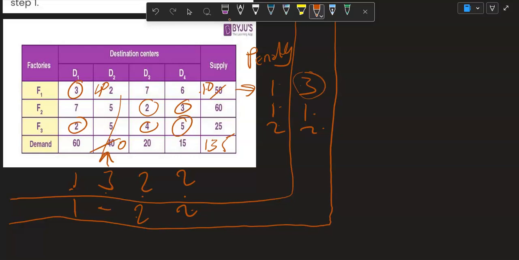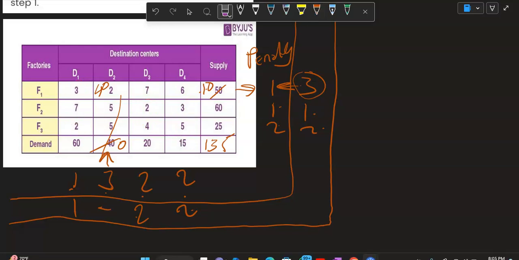So you work with this particular row. Okay, and in this row, let me just clear the smallest in this row. Since 2 is already cancelled there, the next smallest will be 3, this one. So you allocate here. So what are the factors involved?